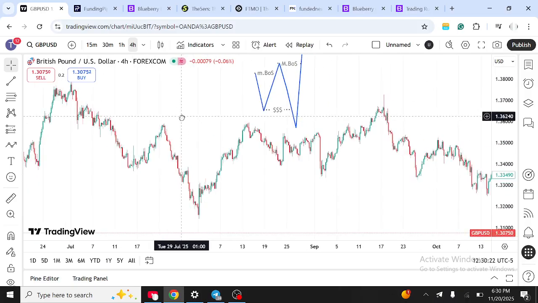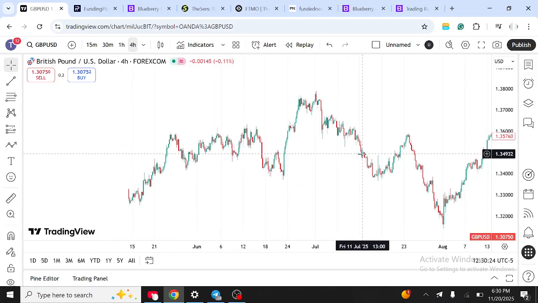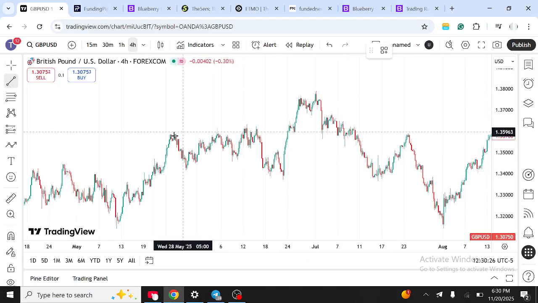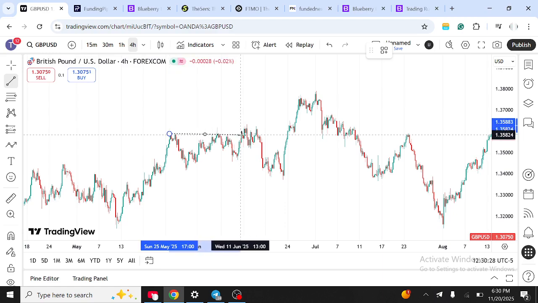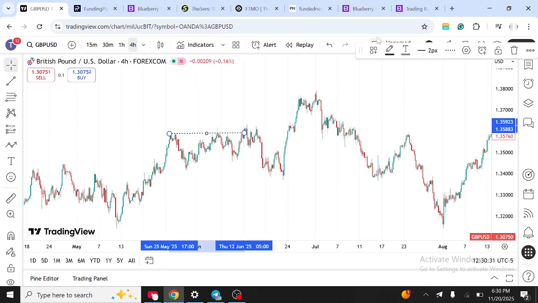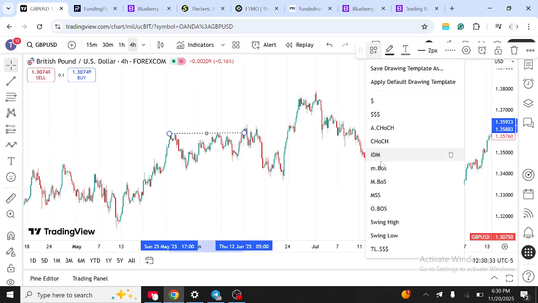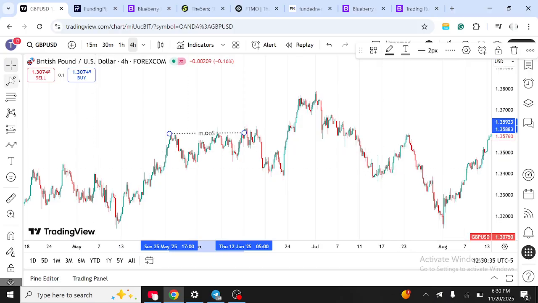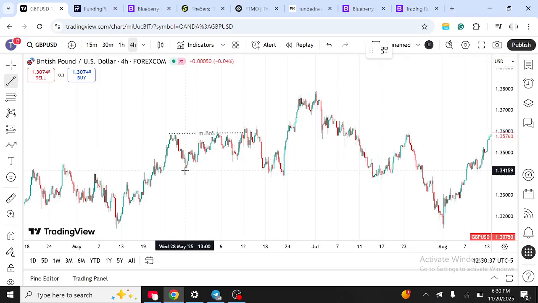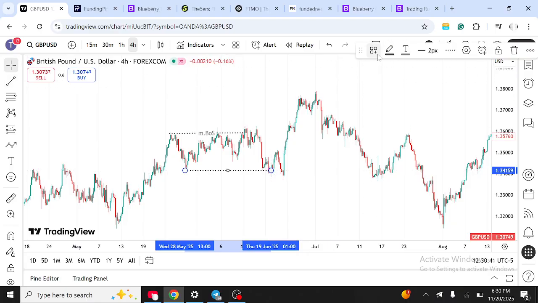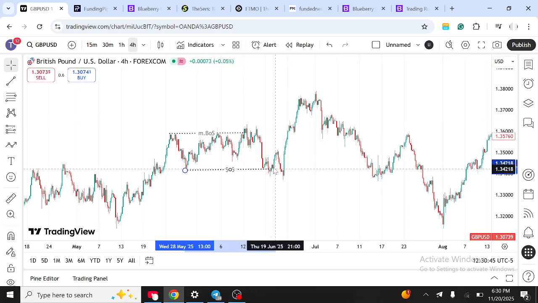All right, let me quickly show you an example here. Maybe I'll just show one or two examples. Look at this. This is our minor break of structure. And why other traders will mark this as their change of character, can you see that? Is going to be what? Liquidity sweep.